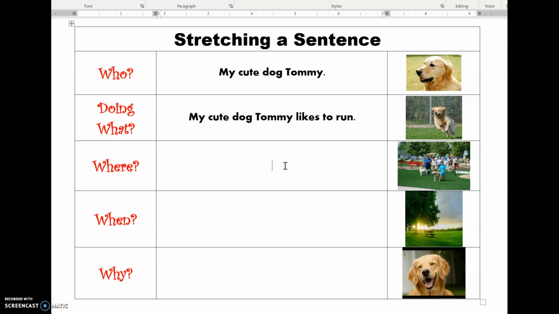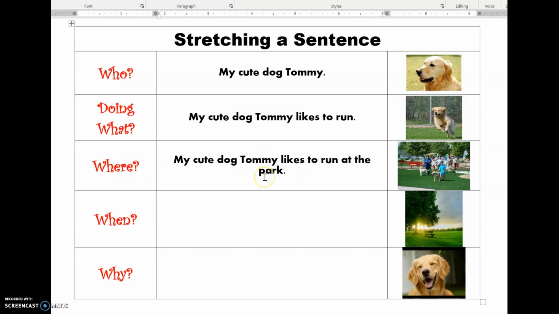I'm going to think about where does Tommy like to run? And I make a picture of it in my head and I think about the dog park, right? So I'm going to say my cute dog Tommy likes to run at the park. Okay? Then I'm going to think to myself, okay, let me read my sentence. My cute dog Tommy likes to run at the park. I wrote where he likes to run.